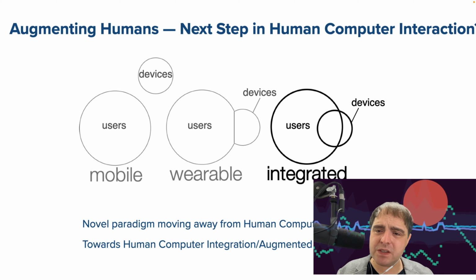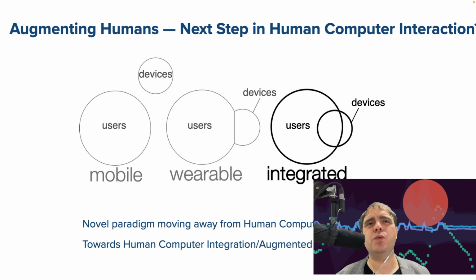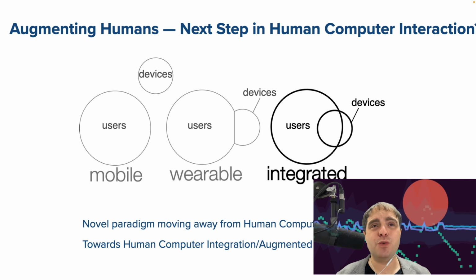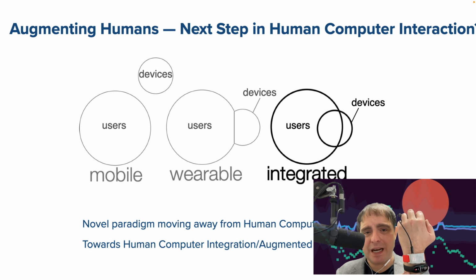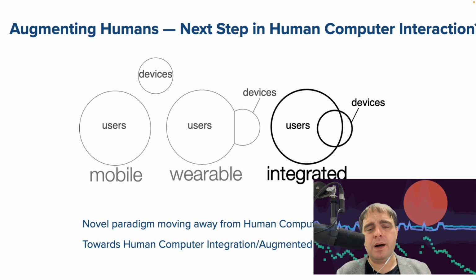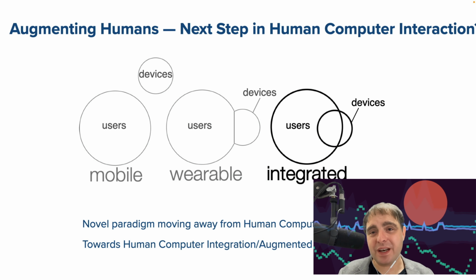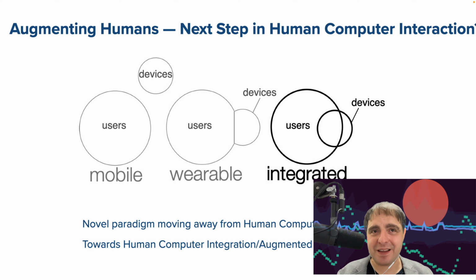With wearables, we are moving towards a situation where the device is really on the body. We're starting with smartwatches. I don't like them too much, but I think it's a first example of a wearable. It's still a bit obtrusive.